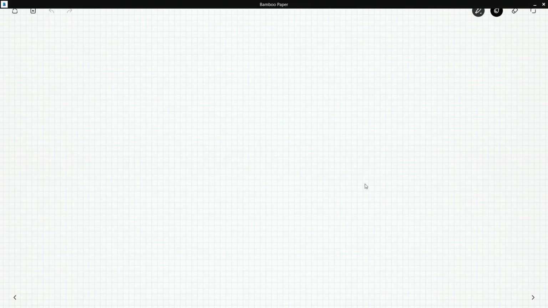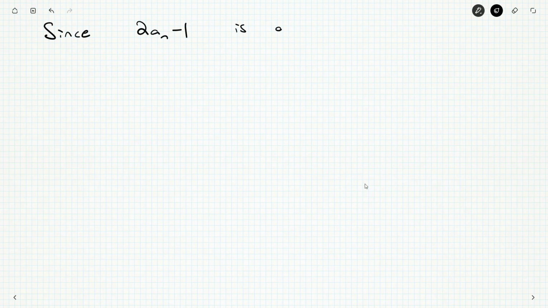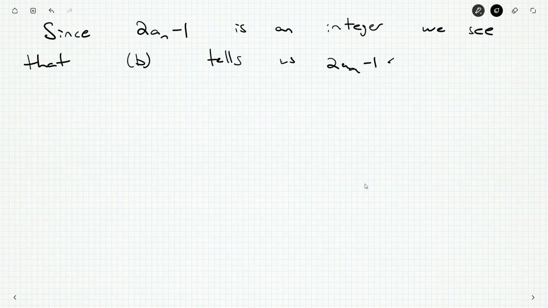So, right off the bat for C, I would say something like, since 2an minus 1 is an integer, because an is an integer, we see that B tells us 2an minus 1 is between these two numbers.